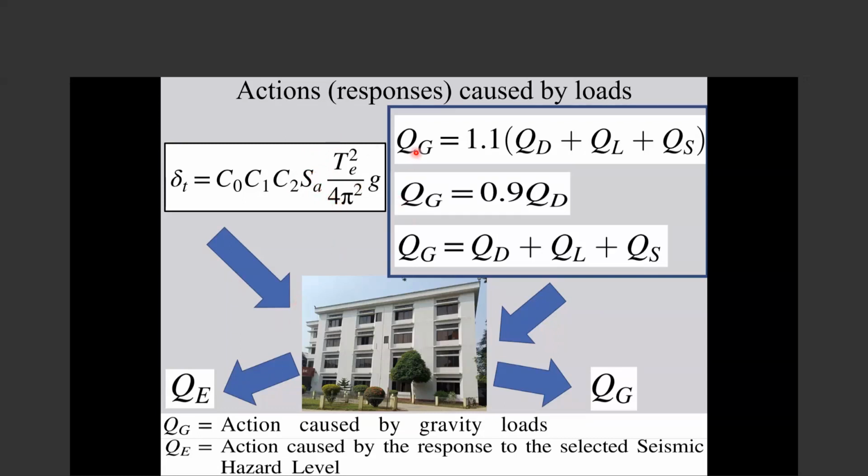Then we put gravity loads on the elements. We ask the software to use this lateral load distribution, and we assign the number of steps. Step by step the software increases the load, doing the analysis, increases the load and does the analysis, till the maximum top displacement reaches the target displacement.